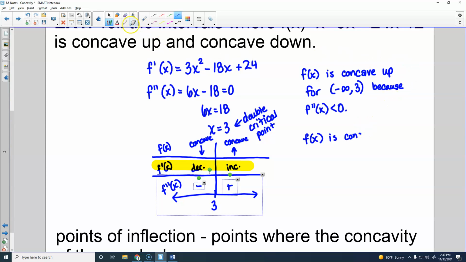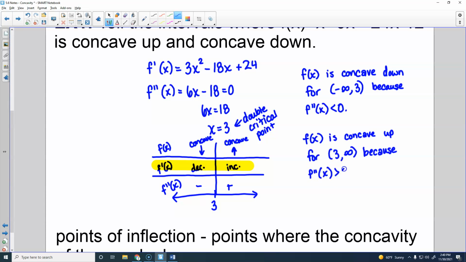I said this backwards, didn't I? That should say down right there. From negative infinity to 3, it's concave down. Concave up for 3 to infinity because the second derivative is positive.